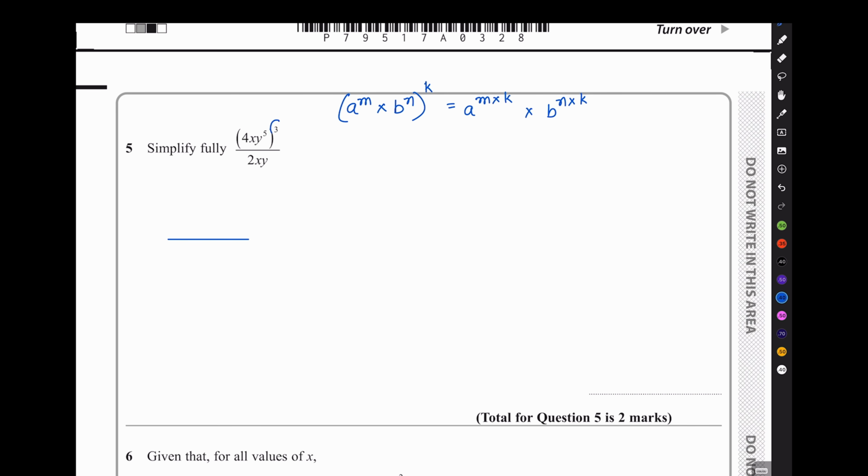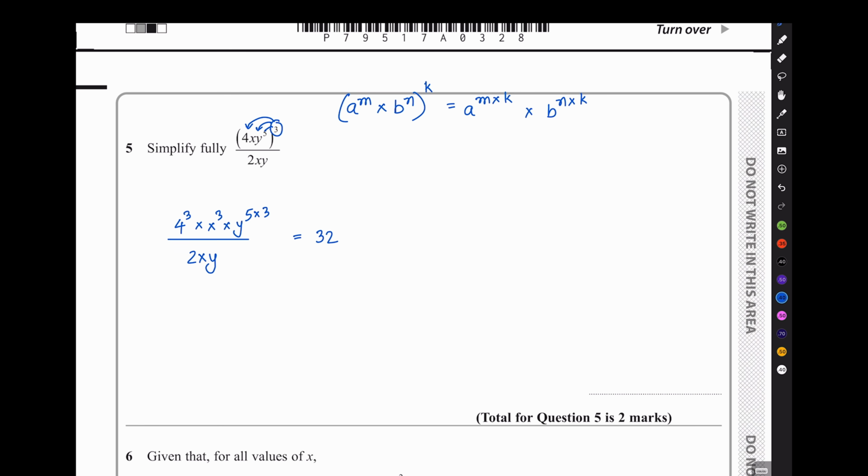So the power 3 is distributed to all of the individual terms. This becomes 4 cubed times x cubed times y to the power 5 times 3, divided by 2xy. Now you have to calculate 4 cubed divided by 2, which is 32.